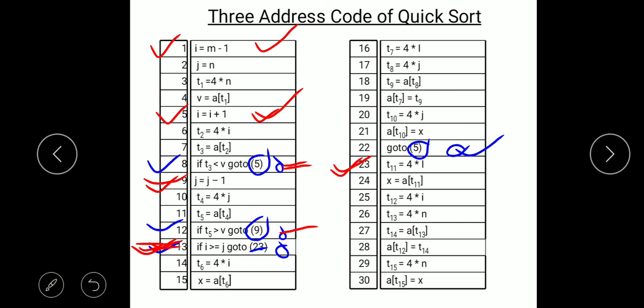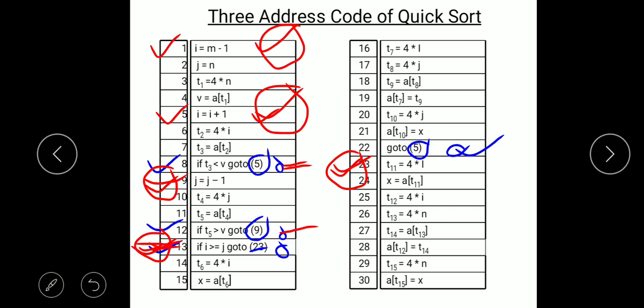So 1, 2, 3, 4, and this is 5. So we have 5 leader statements.